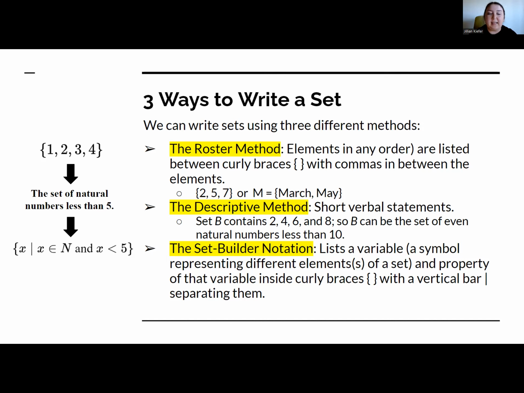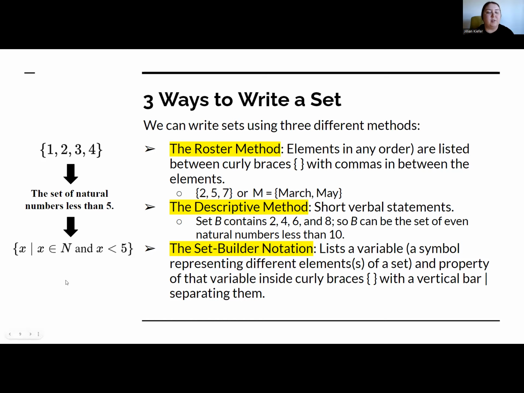It's kind of like labeling a random variable. You're just stating this thing, and then you list a property. You're saying this thing has this property. That's the way that you would write that. The property of that variable goes inside a big set of curly braces, and there's going to be a vertical bar that separates the thing from its property.